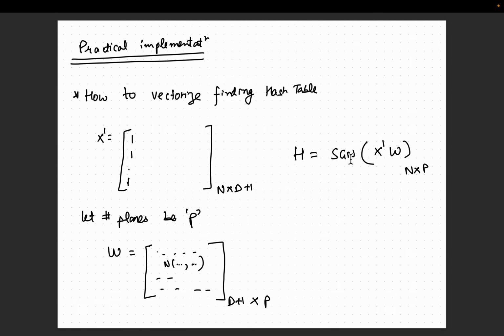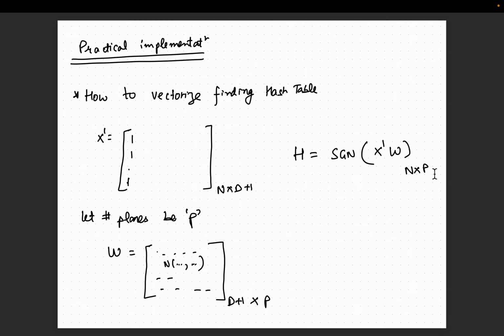If I take the sign of that, for the n points and the p hyperplanes, I will get whether each point is above or below that hyperplane. So if we come back to the question, our objective was to see, for each of the p hyperplanes, whether each of my n points in my X dash are above the hyperplane or below it. So I needed an n cross p dimensional matrix.